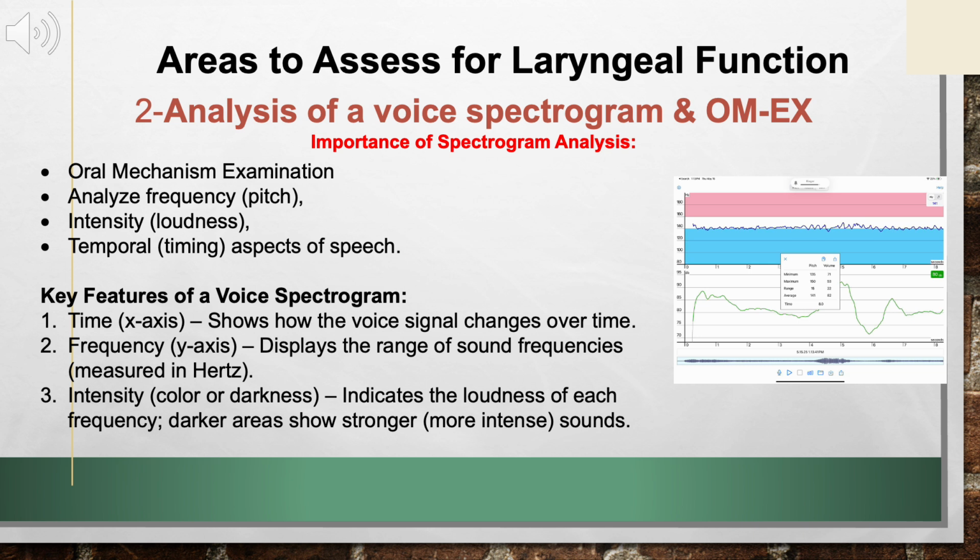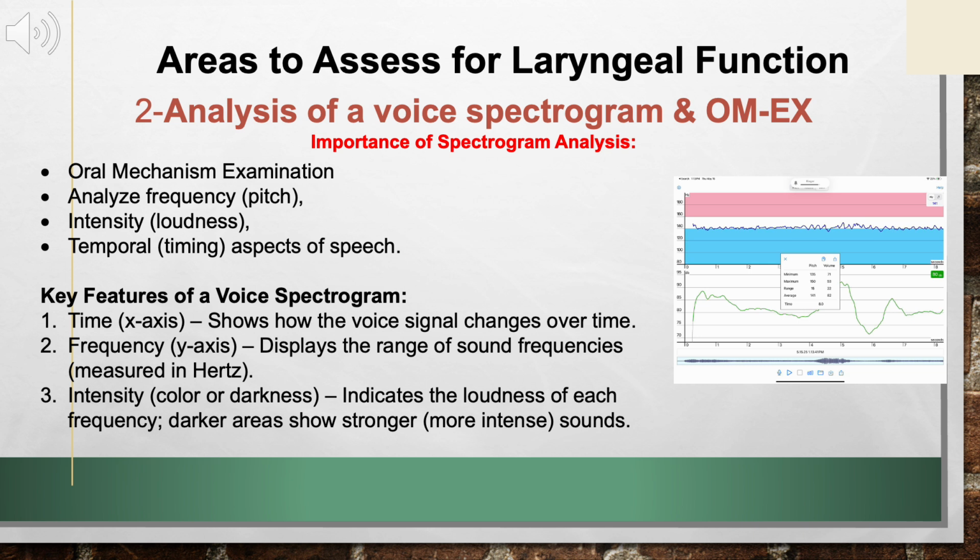Key features of a voice spectrogram. 1. Time axis shows how the voice signal changes over time. 2. Frequency displays the range of sound frequencies, measured in hertz. 3. Intensity, color or darkness, indicates the loudness of each frequency. Darker areas show stronger, more intense sounds.